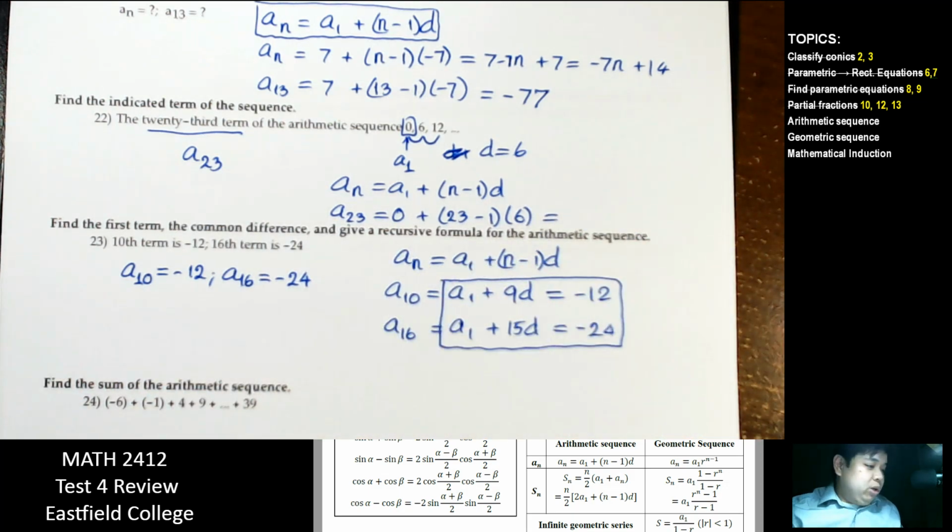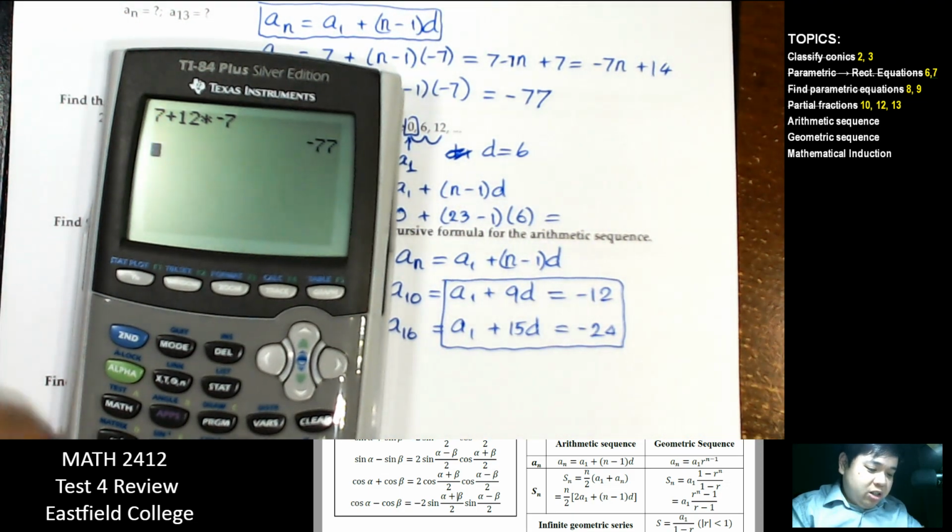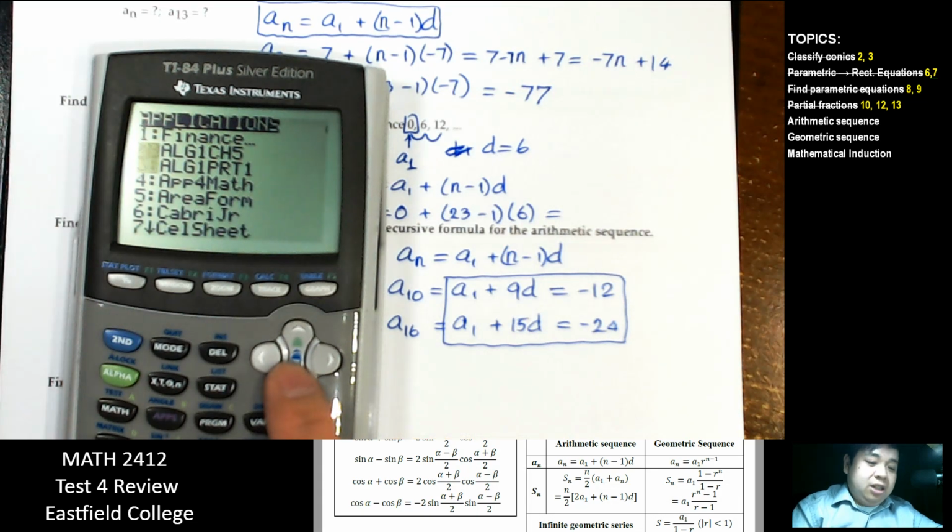What we do is like we did with the partial fractions, the system of equations.